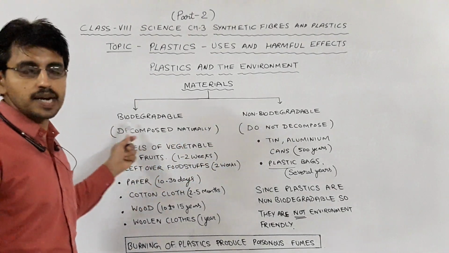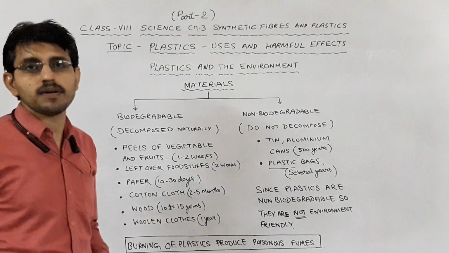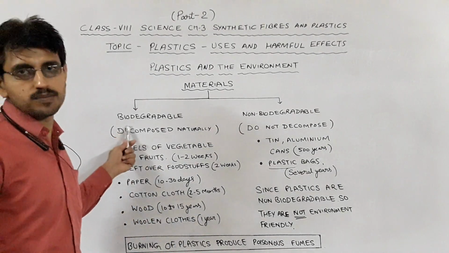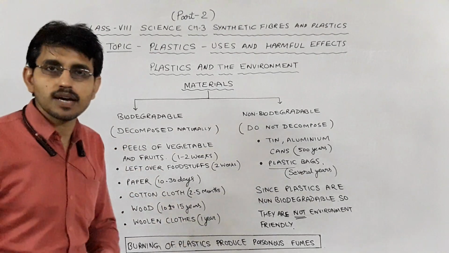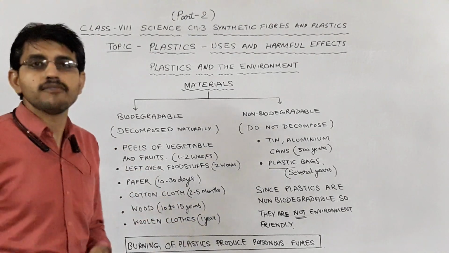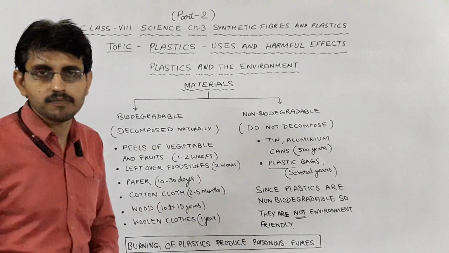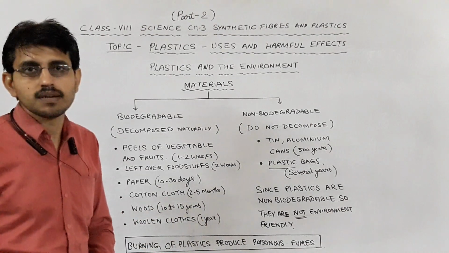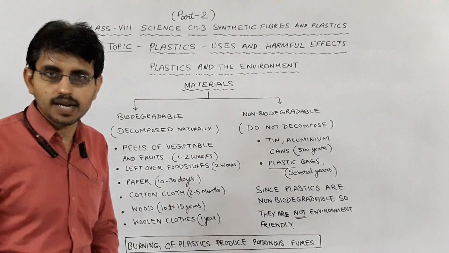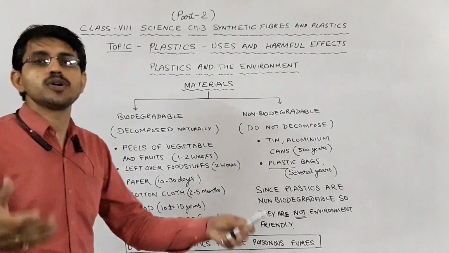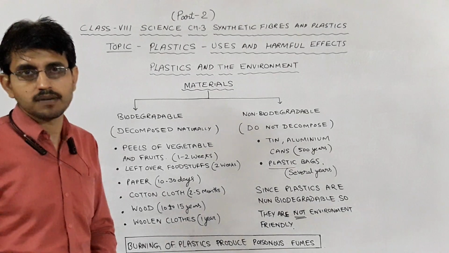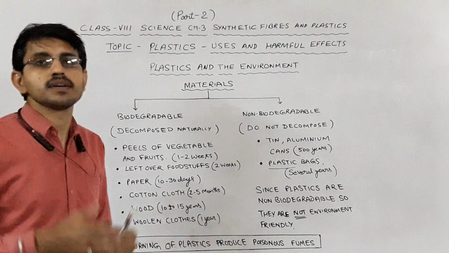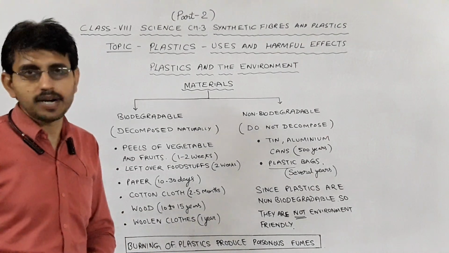Bio means living, degradable means decomposable, that can be broken down by biological organisms. You must have learnt in the previous class that bacteria and fungi, which are present in soil and water, break down complex organic substances present in the dead remains of plants and animals and convert them into simpler inorganic substances, which also increase the fertility of soil and help in reducing the quantity of biodegradable material.